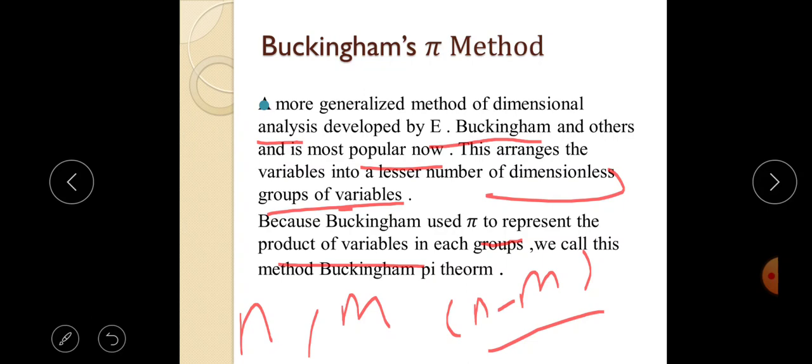In Rayleigh's method, we were not able to find the number of dimensionless groups after the dimensional analysis, or we were not able to predict that. But in Buckingham's pi theorem, we can predict the number of dimensionless groups to be expressed. So this is the advantage of using Buckingham's pi method.